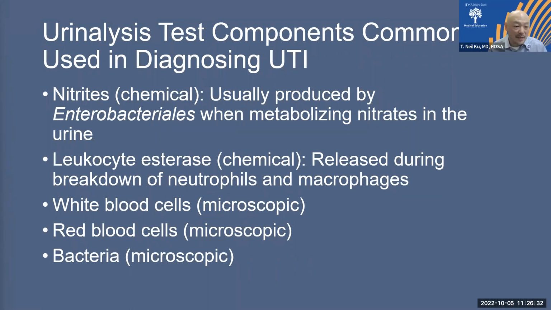Then the microscopic examination: white blood cells, red blood cells, bacteria, so there is direct visualization of those components. So really, when clinicians talk about a positive UA, they're talking about the presence of nitrites or leukocyte esterase, white blood cells, and bacteria or red blood cells.